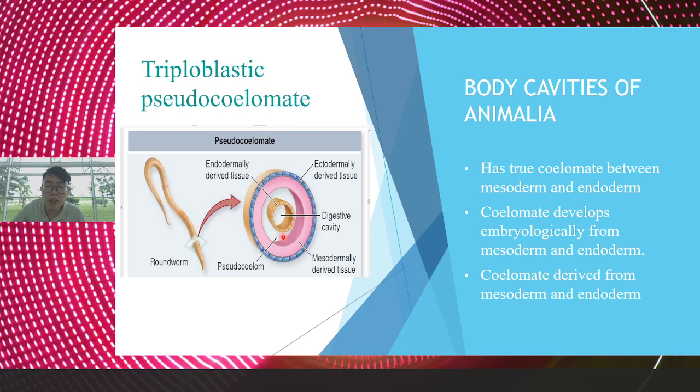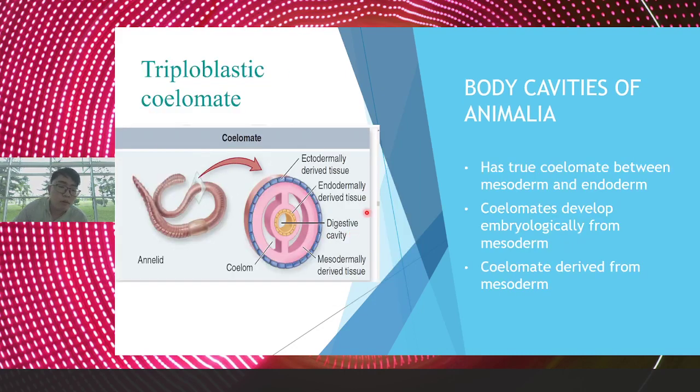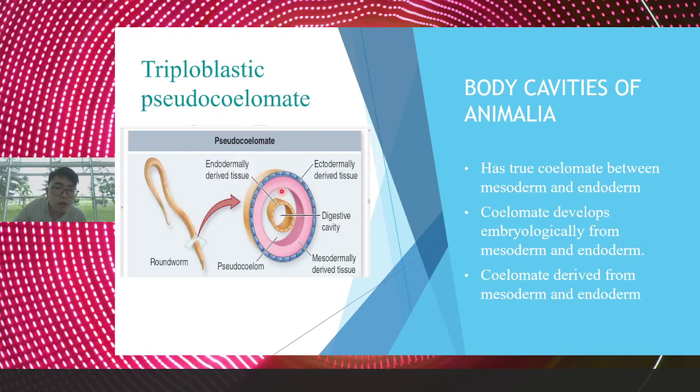This is the major difference between triploblastic coelomate and pseudocoelomate. Hopefully you can understand these body cavities of Animalia. The first one, acoelomate, has no air spaces, no coelom between endoderm and mesoderm. For coelomate, there is a coelom between the mesoderm and endoderm, but there is a connection between them also. But for the pseudocoelomate, there is totally no connection between endoderm and mesoderm. Okay, these are the differences you have to know.